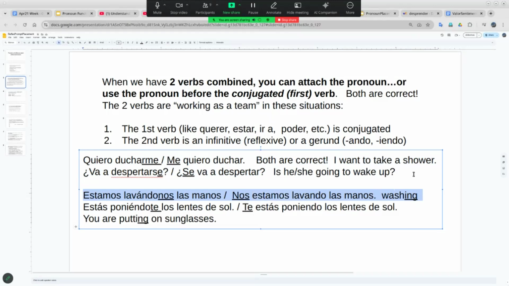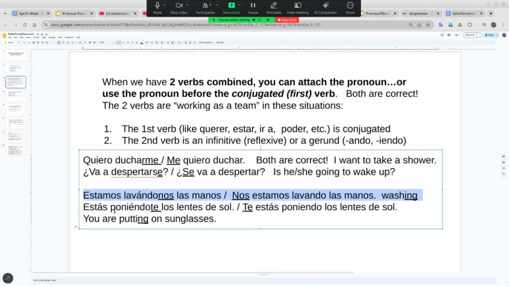And if we are washing our hands right now, while we're talking about it, I can attach it to the ando part of that phrase. Estamos lavándonos las manos. Or I can take the nos word and put it up in front of the first conjugated verb. Nos estamos lavando las manos. Both of those are correct because it's the ing verb, and that's the two verbs working together. Estar with an ing kind of verb.